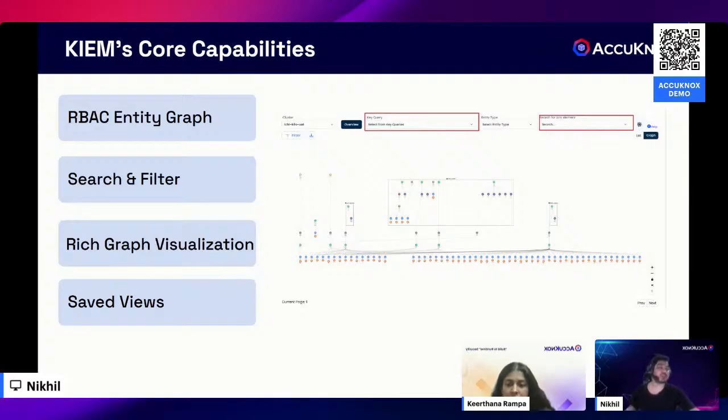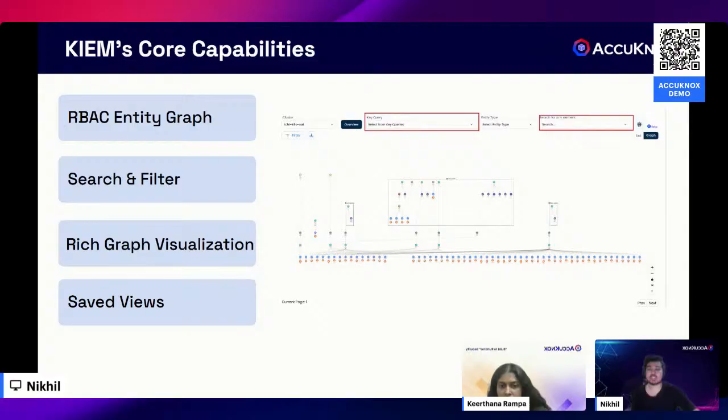So when we are talking about the capabilities that KIM has, there are four major ones, right? First of all, it builds a complete graph of your RBAC entities and how they connect. Second, it's fully searchable and filterable. You can slice the data by verb, what action needs to be performed on what namespace, or label, it depends.